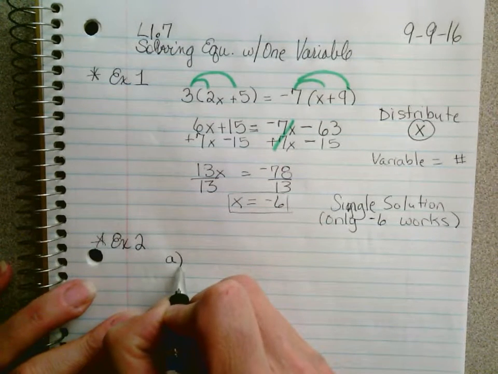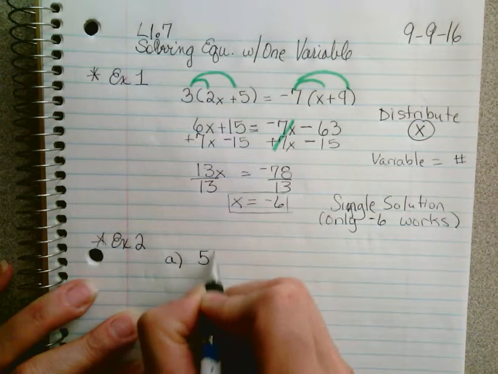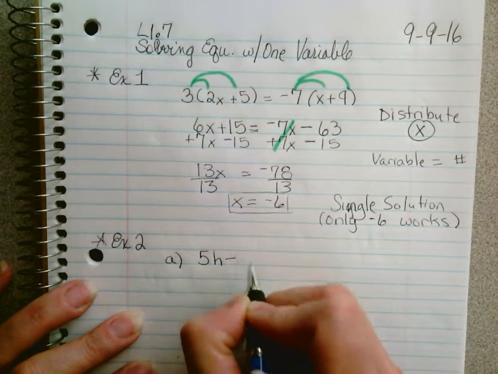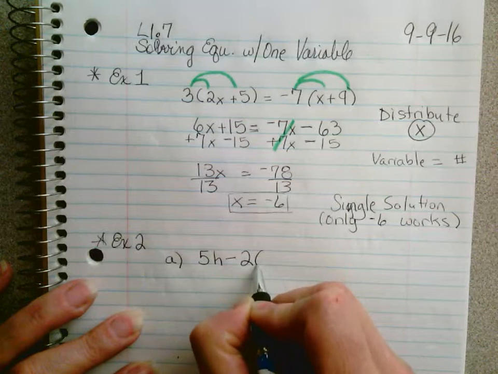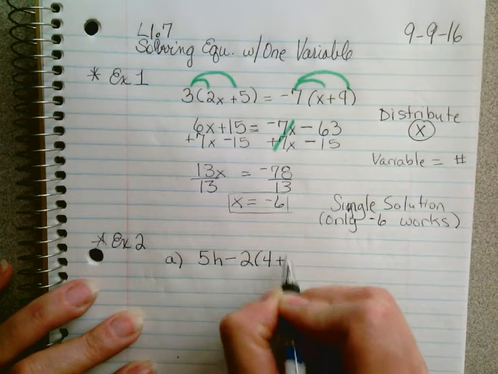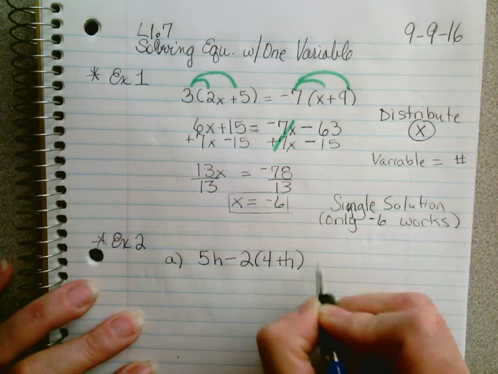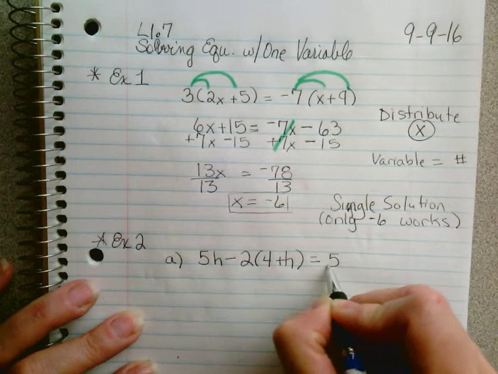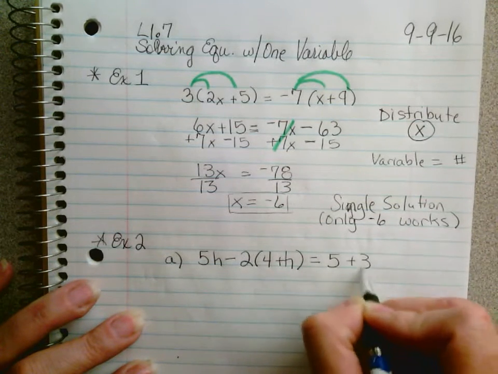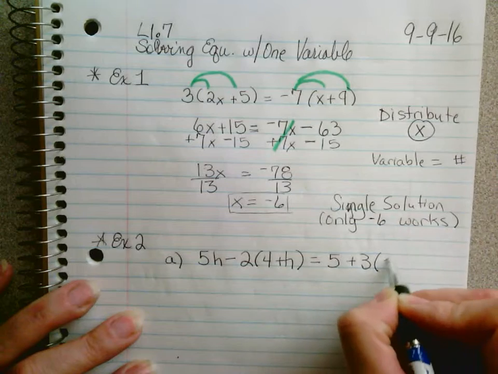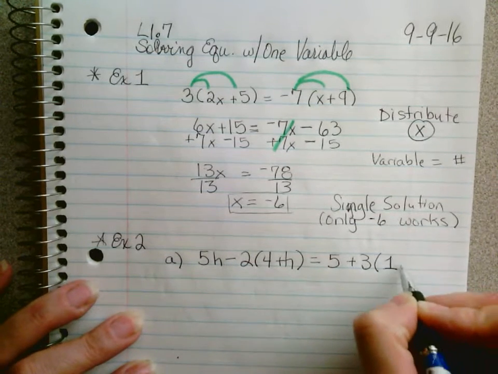And it's going to look like this. 5h minus 2 times the sum of 4 and h equals 5 plus 3 times the sum of 1 and h.